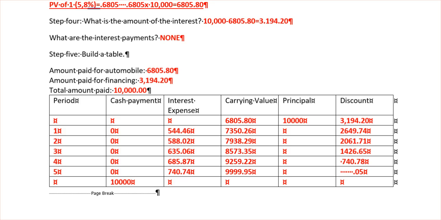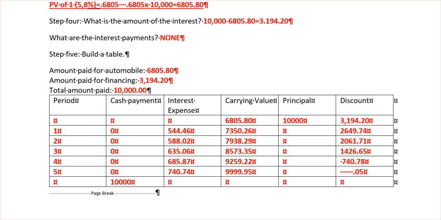Now, the first period of time I often use and put in there a 0 because this tells us that this is the time when we put the liability on the books. So when we put the liability on the books, the carrying value of that liability is going to be the same as the value of the automobile, which is $6,805.80.